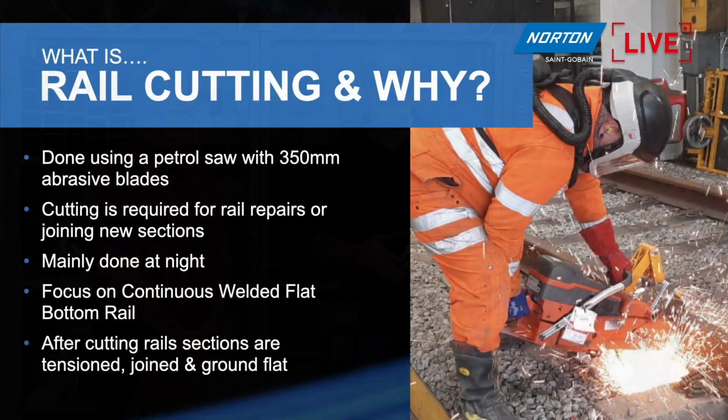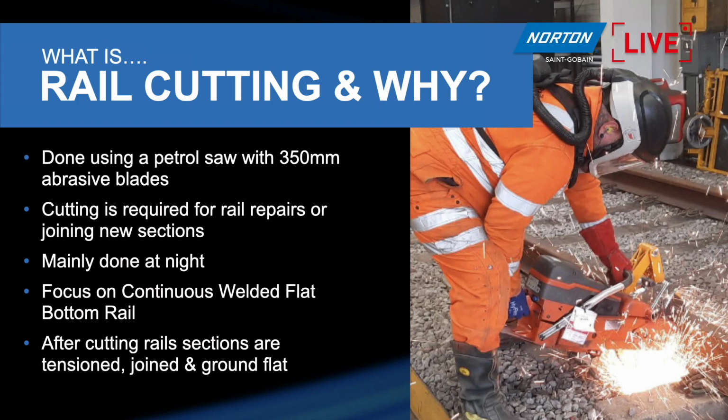Rail cutting and why. Rail cutting is done generally with a petrol saw. Quite standard for the market is a 350mm or 14-inch abrasive blade used on this saw to cut through the rail sections. The reason they do this is for repairs or joining in new sections of rail when required.